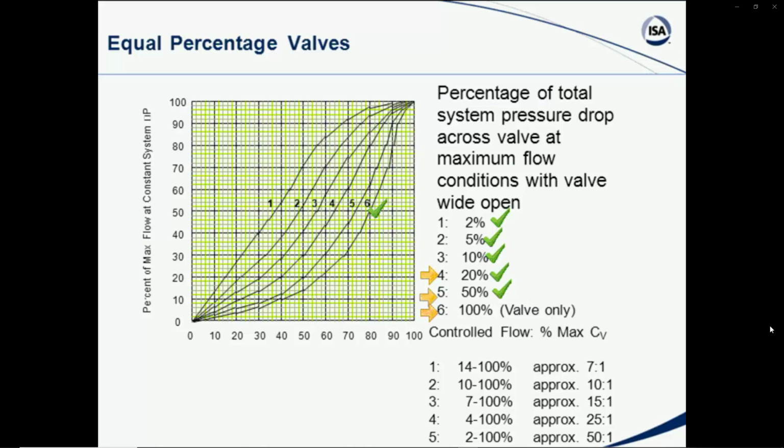But if you change that to 50% of the system drop, notice how the curves begin shifting back to the left, and also though that this equal percentage valve becomes a little bit more linear operation up in the midpoint there where you will want it operating.